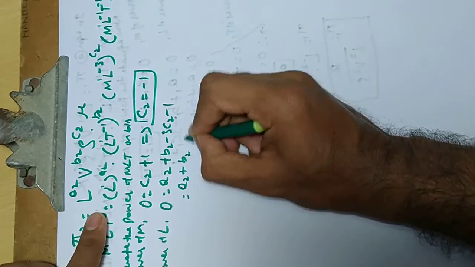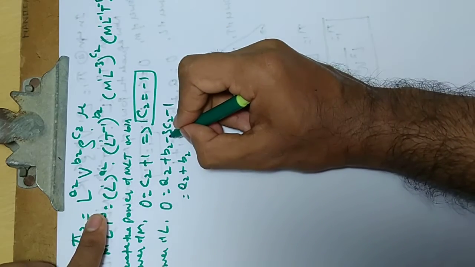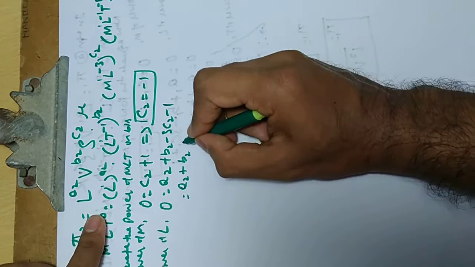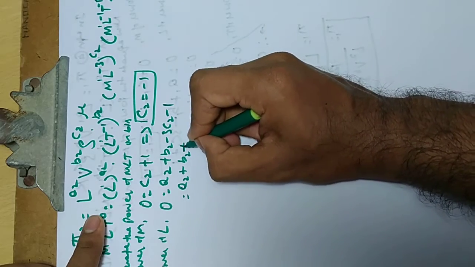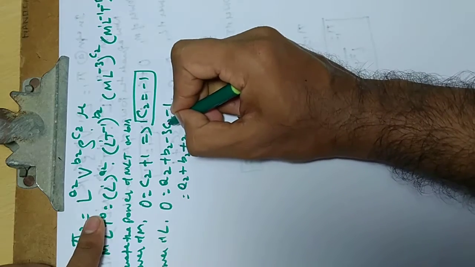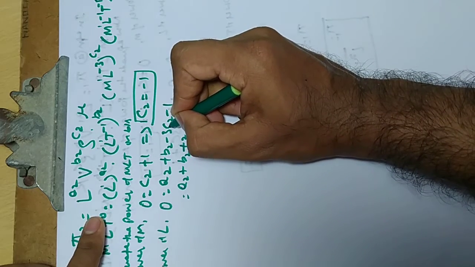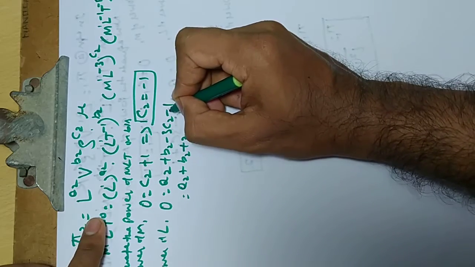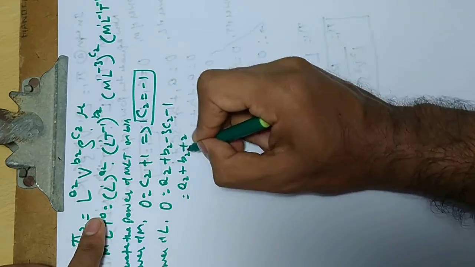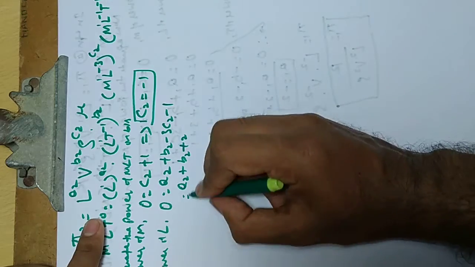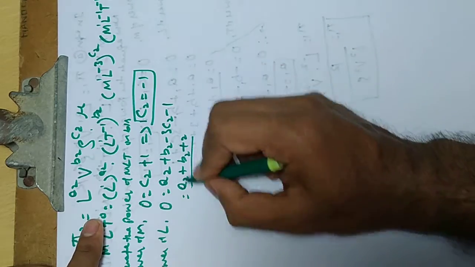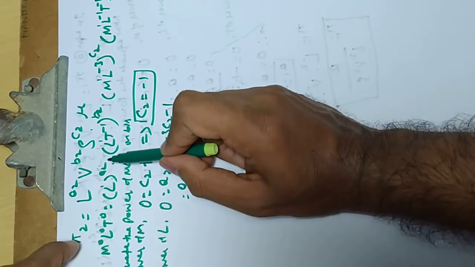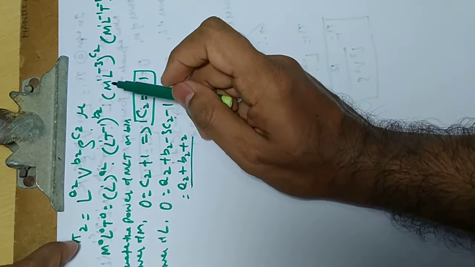So a2 plus b2, minus into minus becomes plus, plus 3 minus 1, that is plus 2. Okay, just keep it as it is; later we'll obtain it, because there are 3 unknowns, you can find it easily.